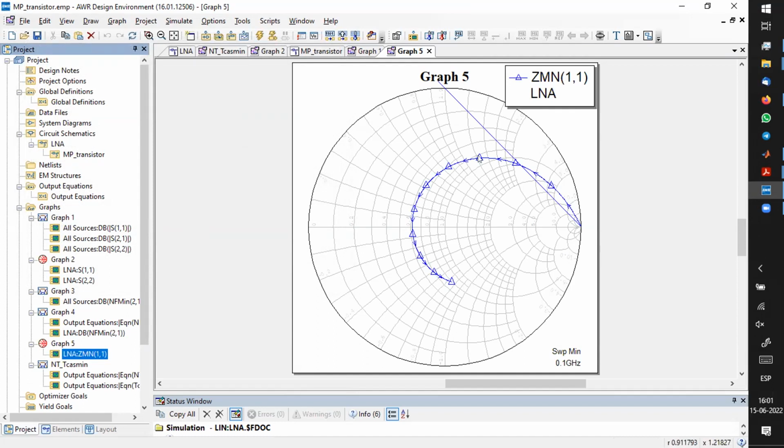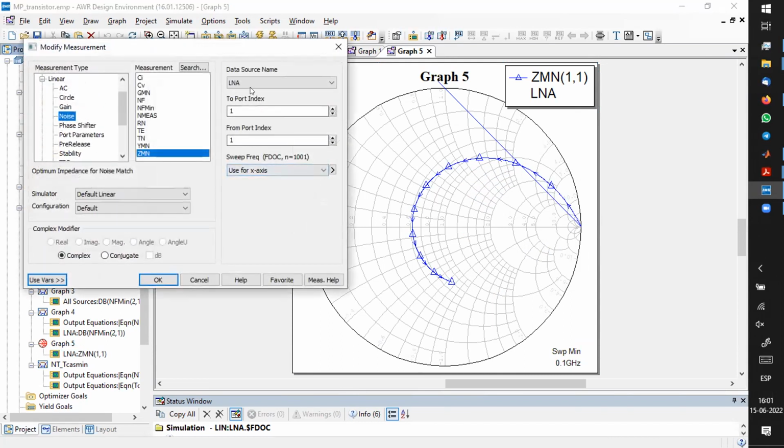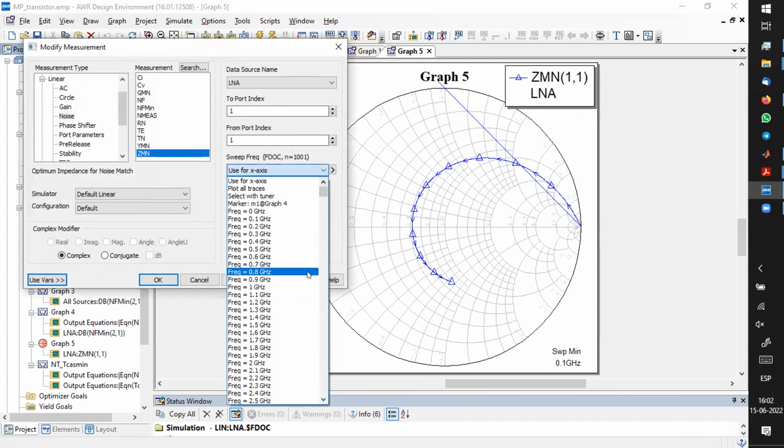One particular 40 gigahertz. Doesn't work for me either. Okay. So in this case, I need to select here.